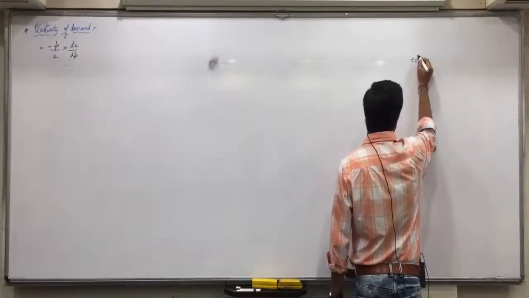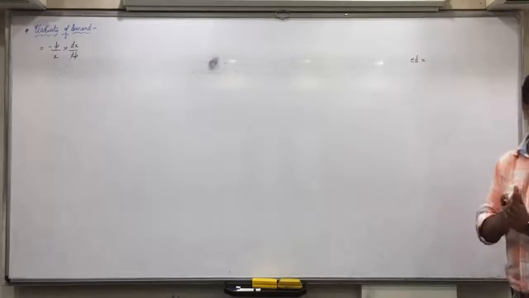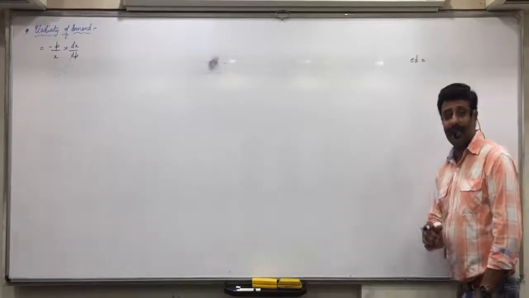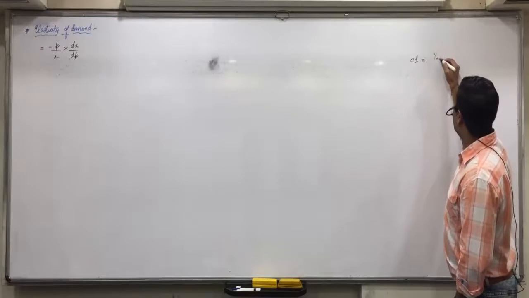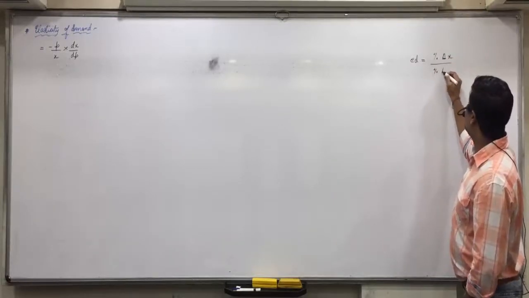Now, raise your hand. What formula or concept did you study for elasticity of demand in economics? Okay, let's not waste time. Percentage change in demand upon percentage change in price.